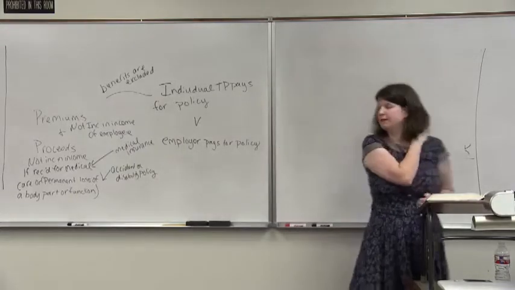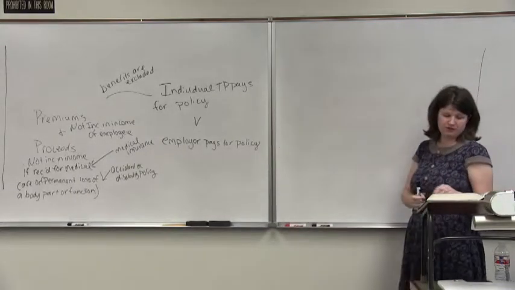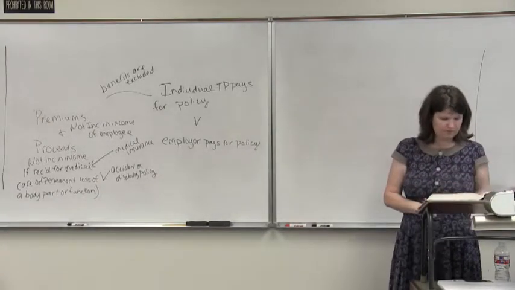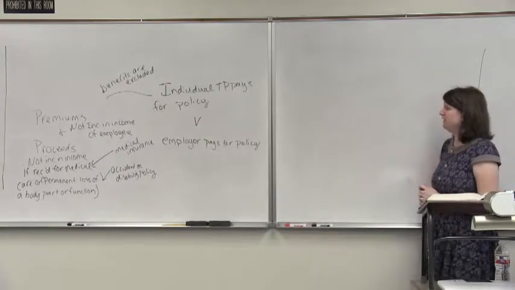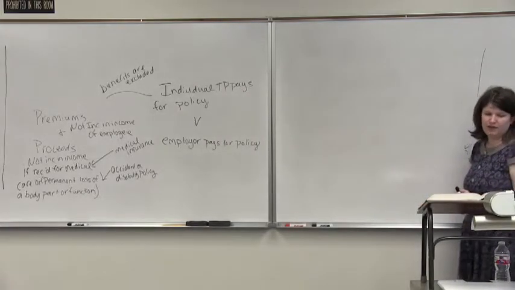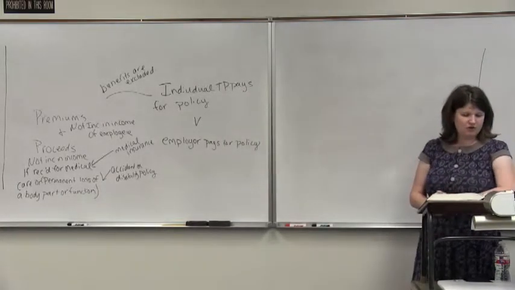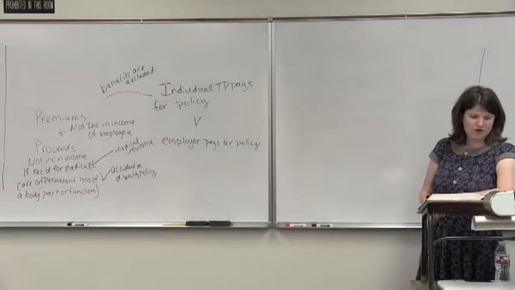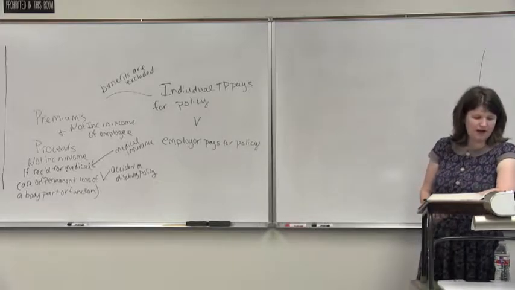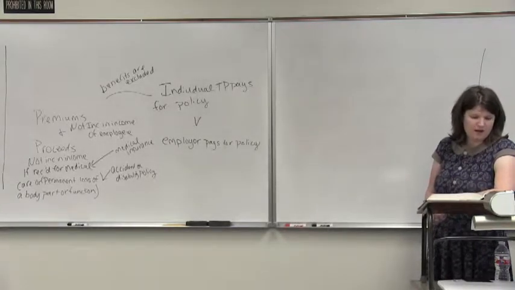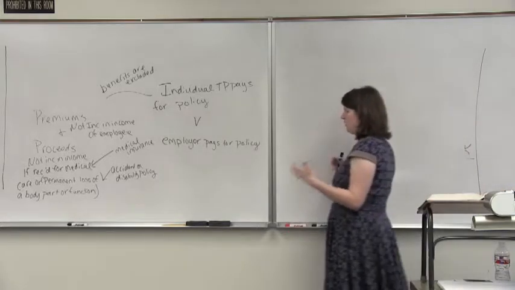What about permanent loss of a body part or function? There is an example in the book. This is example 16. Jill loses an eye in a car accident unrelated to work. She incurs $2,000 of medical expenses, and she collects $10,000 from an accident insurance policy carried by her employer. Okay? Because the payment is for a loss of a member or function of the body, the $10,000 is excluded from gross income.